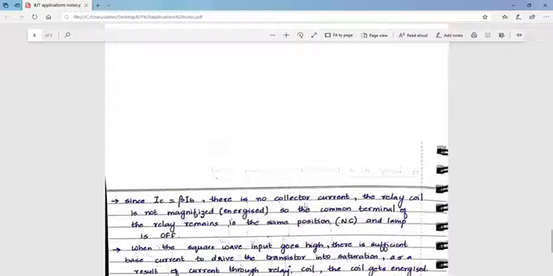So there is no collector current, and the relay coil is not magnetized or energized. So the common terminal of the relay remains in the same position, that is NC, and the bulb will not glow.